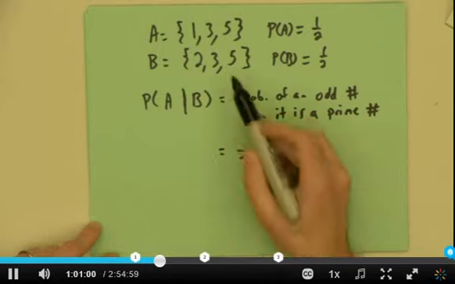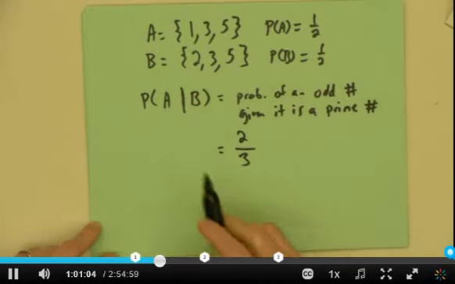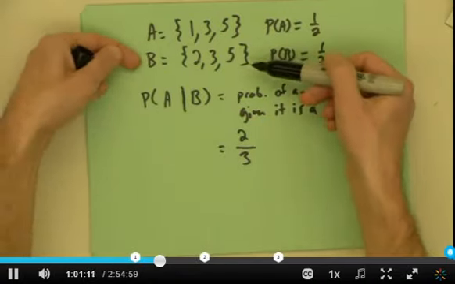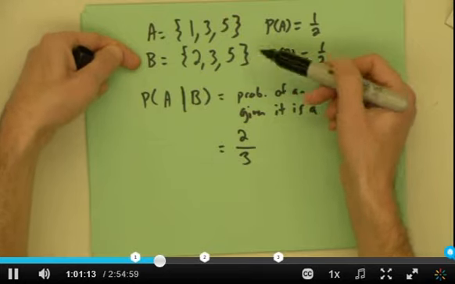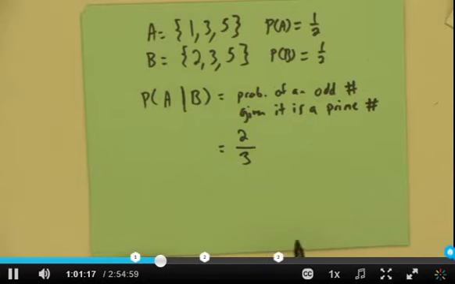Two. Yeah, 2 of them, 3 and 5. So the probability of A given B is 2/3. And I can check that because I can simply list out the possibilities in B. Since they're equally likely, I can count how many are also in A. And that'll be 2 out of the 3.